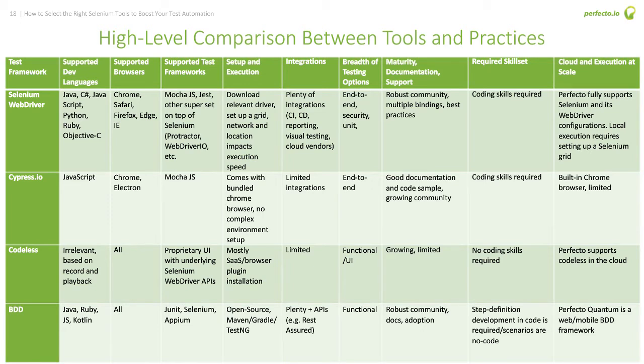It supports a large variety of test frameworks. Some frameworks were actually built on top of Selenium. Even Appium for mobile was built on top of Selenium, but Protractor, WebDriver.io, Mocha.js, Jest, all the other frameworks, by the way, which you have seen earlier in my presentation, are fully supported and actually derive from Selenium.